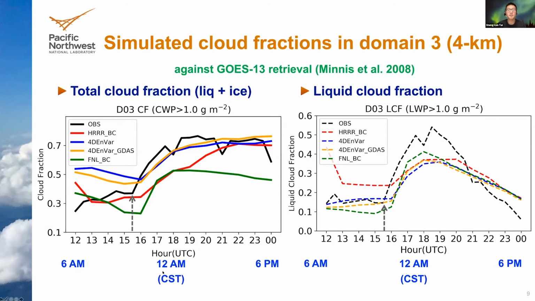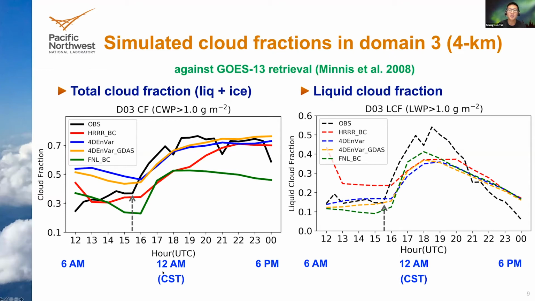Okay, here come the results. To have an idea of how the clouds are simulated, we compare the simulated cloud fractions in domain 3 against the GOES-13 retrieval. On the left, it shows the total cloud fraction, including the ice cloud and the liquid cloud.